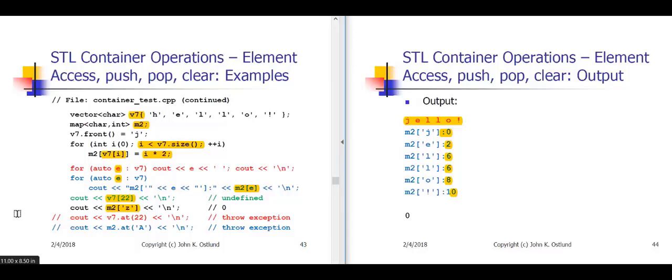I'll get back a reference to that 0, and therefore 0 is what's going to be displayed on my screen. Finally, we have a couple of statements that are commented out showing that if you use the at member function on either a vector or a map with a bad index, that would throw an exception and crash the program.